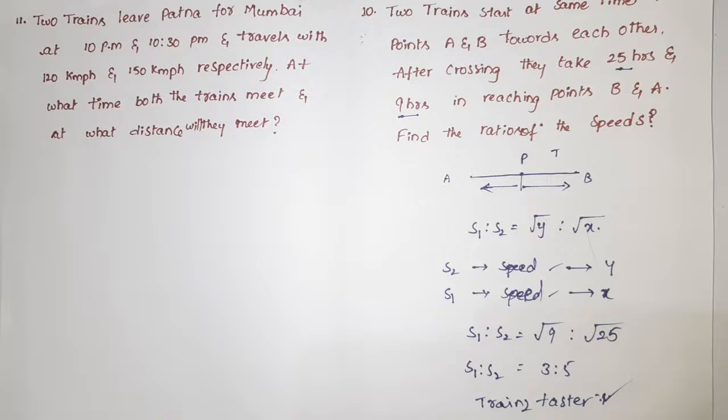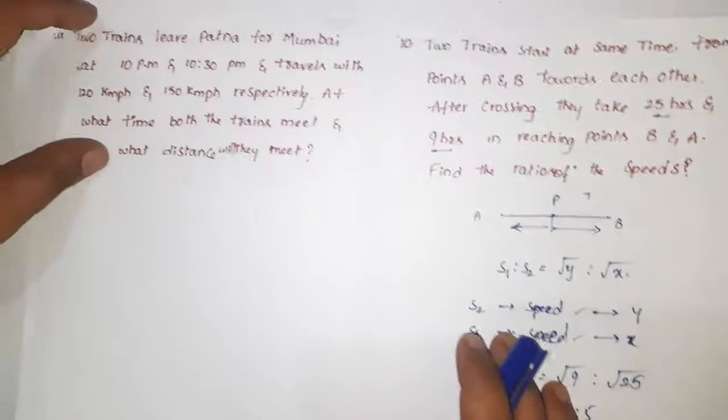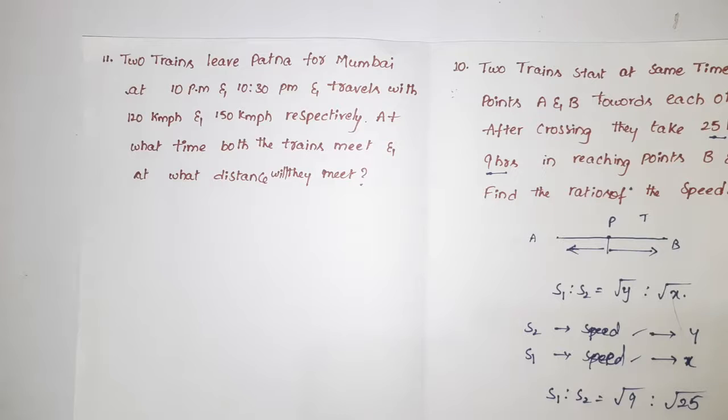So let us move to our example number 11. Two trains leave Patna for Mumbai at 10 pm and 10:30 pm and travel with a speed of 120 km per hour and 150 km per hour respectively. At what time do both the trains meet and at what distance will they meet each other?